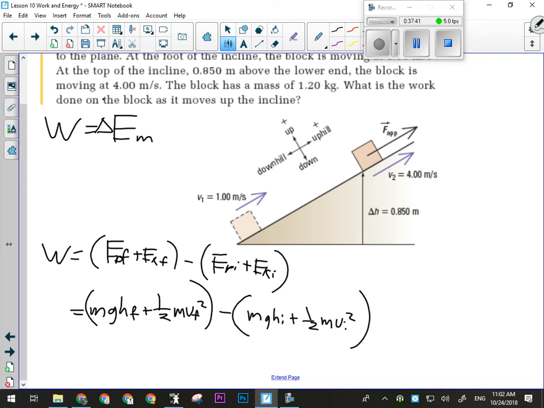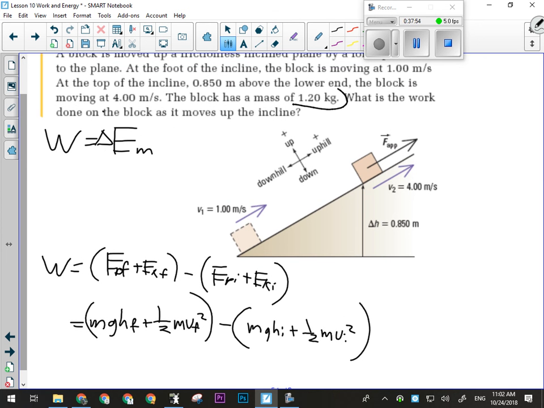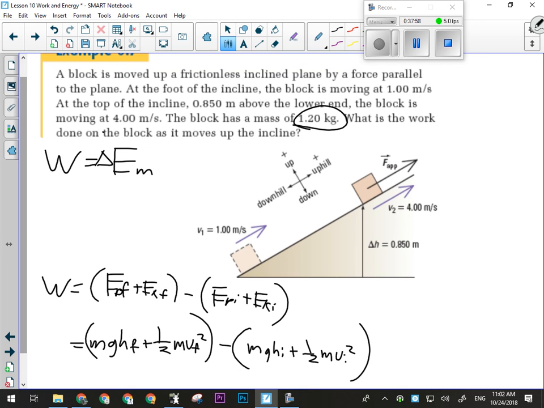I know it looks long and complex, but really, right now, I just have to plug numbers in. Do I know the mass of the box? I know the mass of the box. I know the height of the ramp, which means I know its final height, and its initial height would then be assumed to be 0.